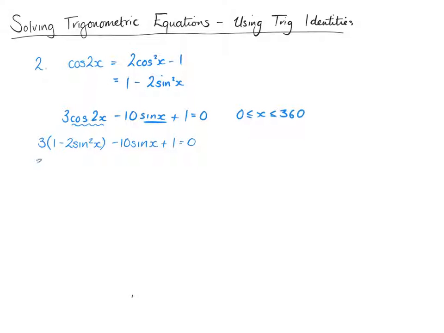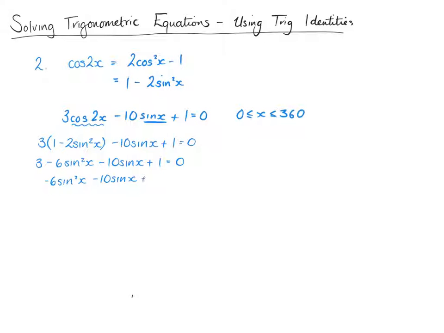Multiply our brackets, we're going to get 3 minus 6 sine squared x minus 10 sine x plus 1 equals 0. If we sort out our numbers, we're going to get minus 6 sine squared x minus 10 sine x.